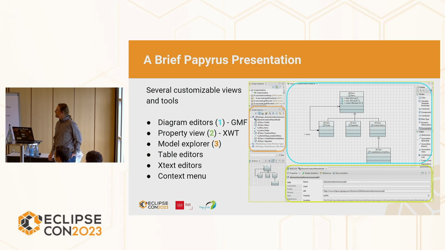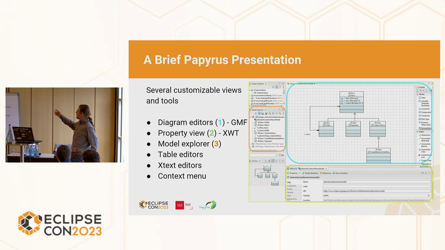Papyrus is integrated as an Eclipse editor. On the left part, you have the model explorer that shows all elements of your UML model. In the center area, you have the Papyrus editor itself, here based on the GMF.